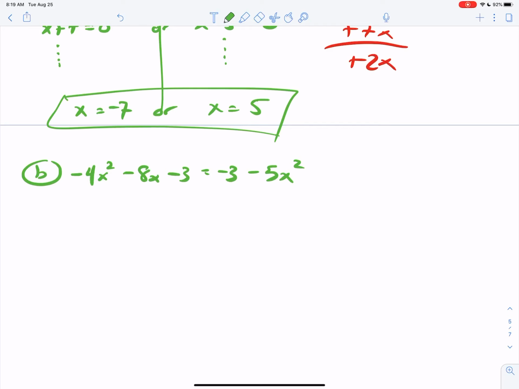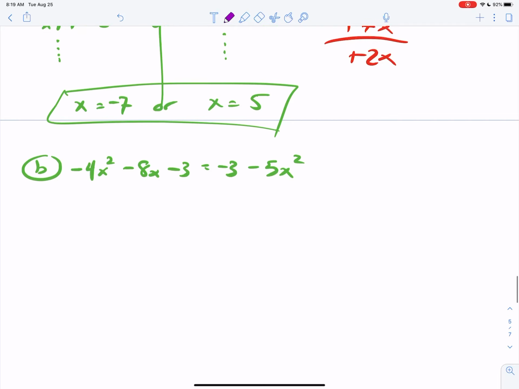Now, you can make either side equal to 0, but in this case, it's easy to move the stuff from the right towards the left. So let's take care of one thing at a time. This minus 3 right here, I want to move it to the right side, okay? So I'm going to add 3 opposite, and I'm going to add 3 here because that's where it belongs, all right?